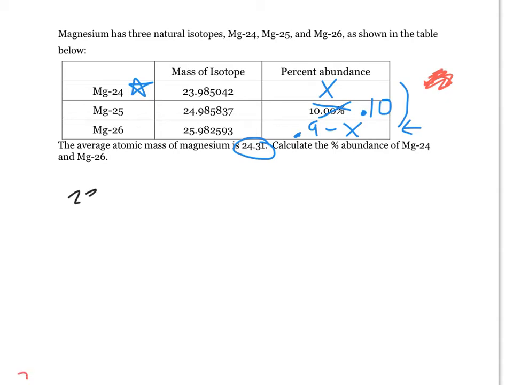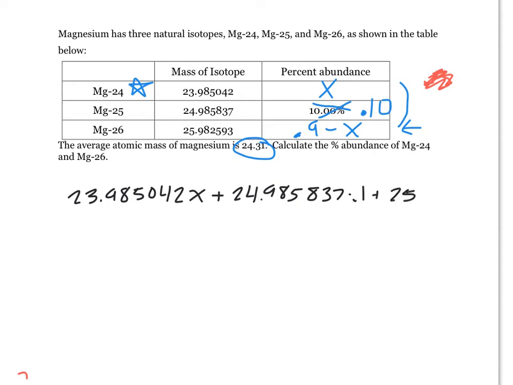So 23.985042, it's really long unfortunately, times x, that's the percent, plus 24.985837 times 0.1, plus 25.982593 times 0.9 minus x, all of that has to equal 24.31. And now it's just an algebra problem that we need to solve.